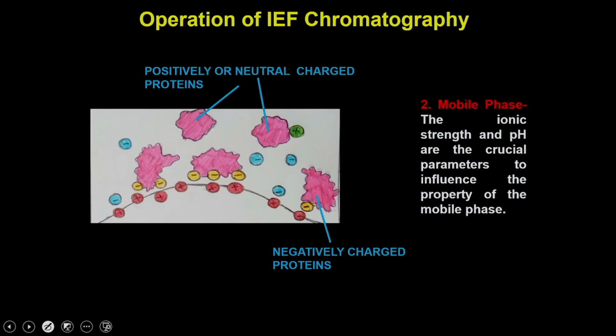Now, you are going to load the proteins onto the matrix. So, if you have a mixture of positively charged proteins, negatively charged proteins or neutral proteins, it is going to flow onto the matrix, and as you can see, this matrix has positive charges.